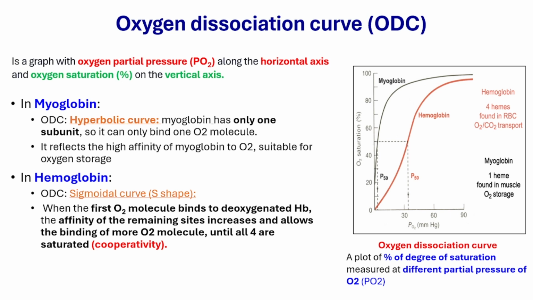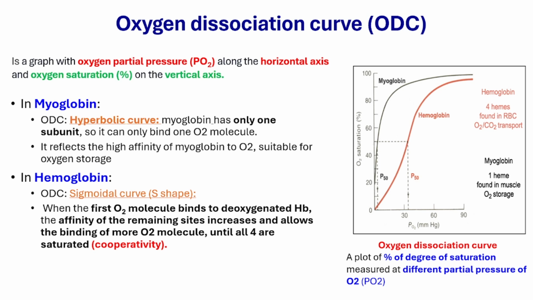Okay, so based on that, when you look at the oxygen dissociation curve for myoglobin, you see that it has a hyperbolic shape. Why does it have a hyperbolic shape? Because at a low pressure of oxygen, we already reach saturation.